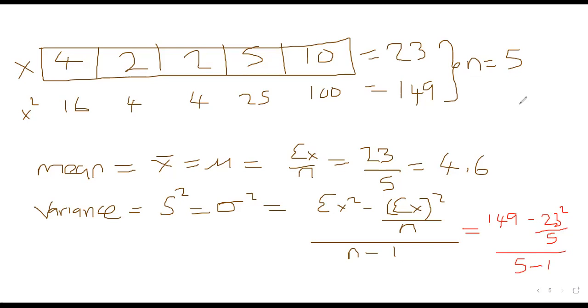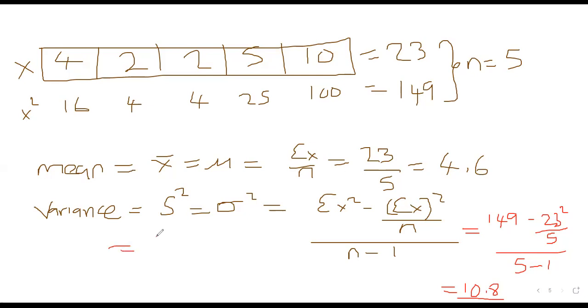So be mindful of your calculator. Let it not rob you of the marks. Be careful. If possible, do it the grade 1 way, where you do it individually until you get your answer, which is 10.8. So you start from here, 23 squared divided by 5. 23 squared is 529, divided by 5 gives you 105.8.